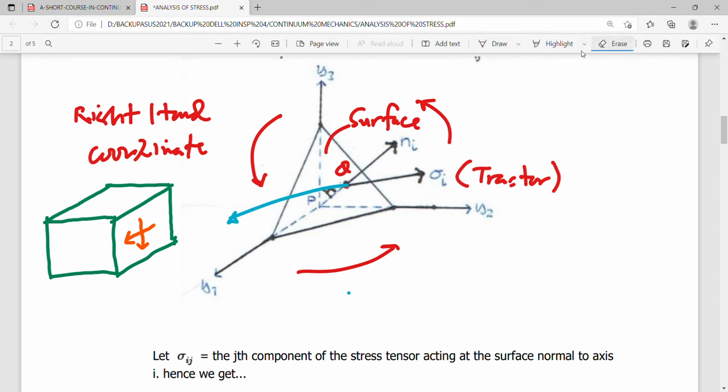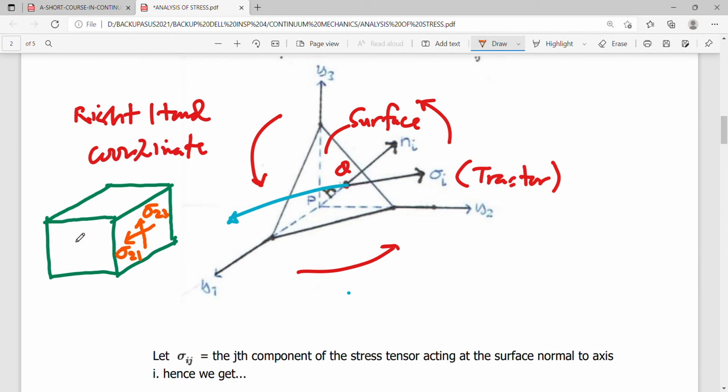Okay, so we can erase this. So this is now a sigma 2 1, and this is a sigma 2 3.